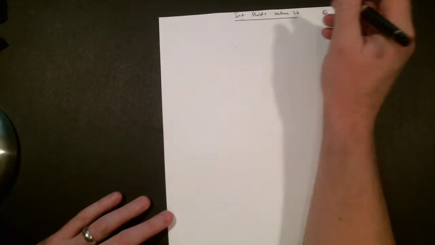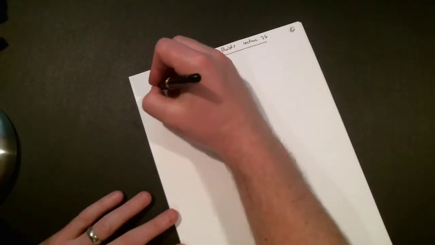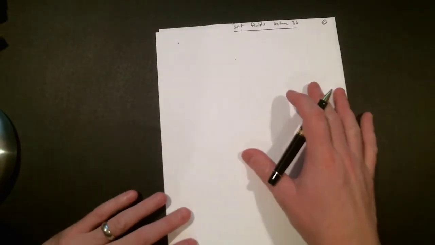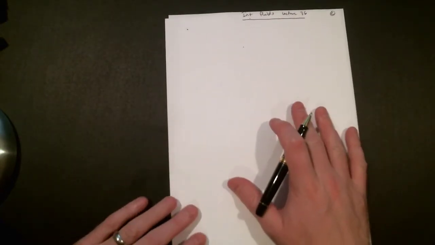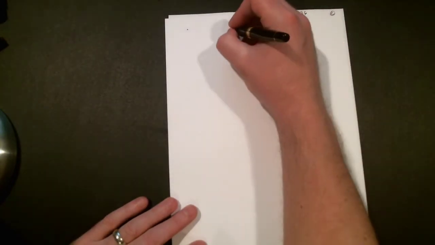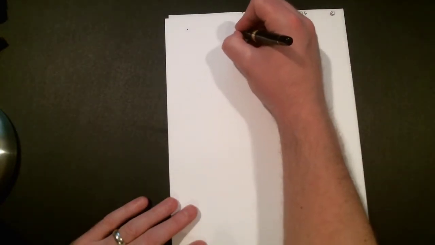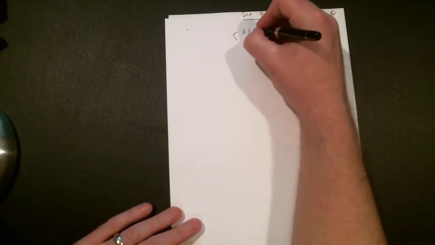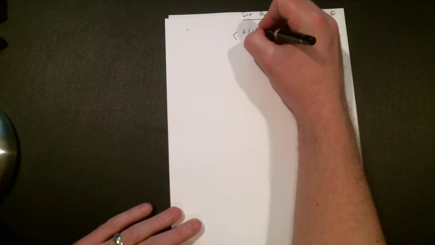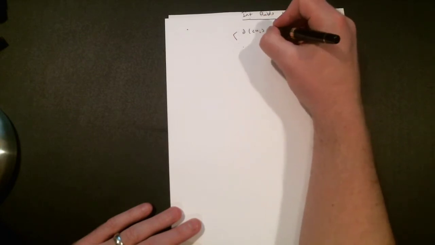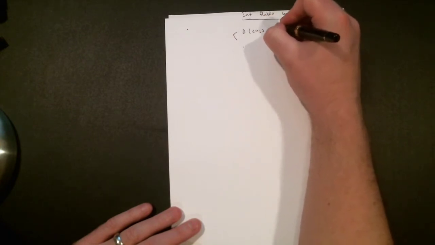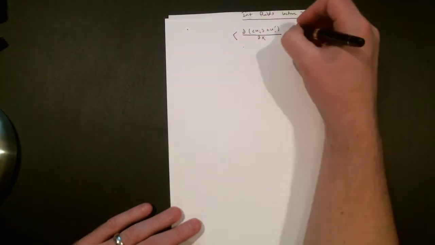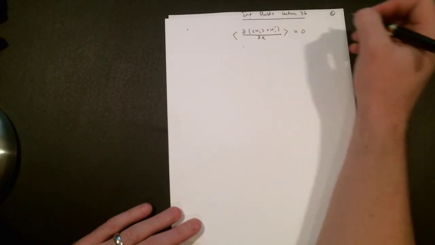And when we do that, by taking the average, we'll now have something that will look like this. We'll have the average of the partial derivative of the average u_i plus u_i prime with respect to x equals 0.